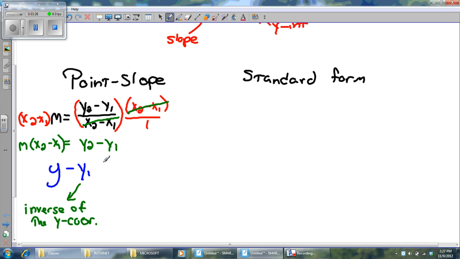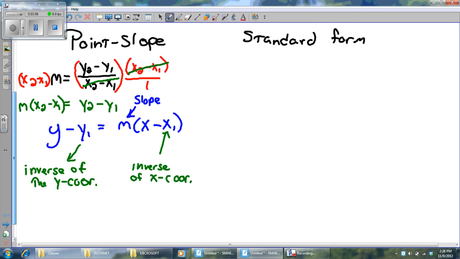That's going to equal m. You should know what m is. M, of course, is the slope times the quantity of x minus x sub 1. And this, of course, x sub 1 here, this is the inverse of the x coordinate.